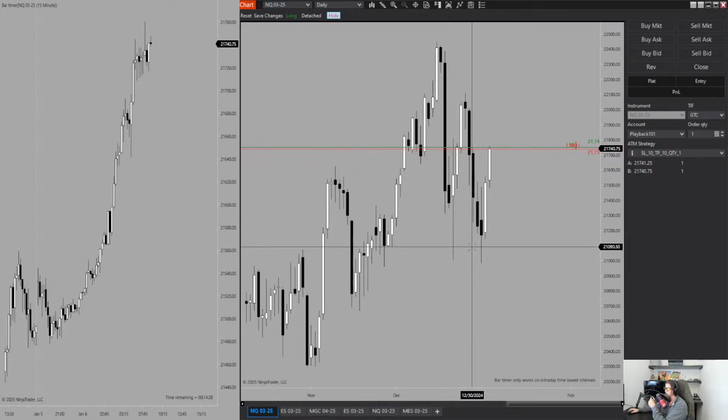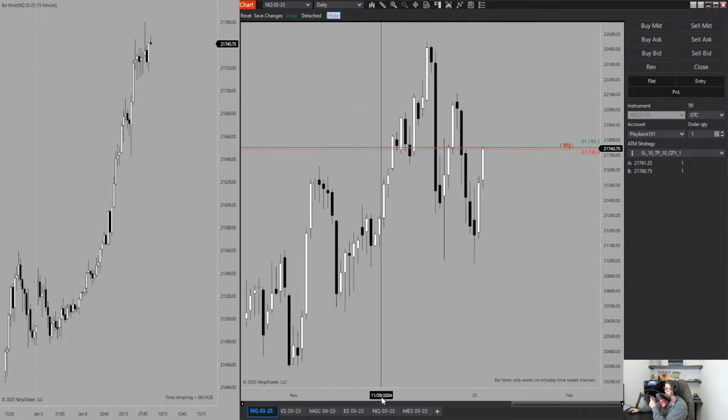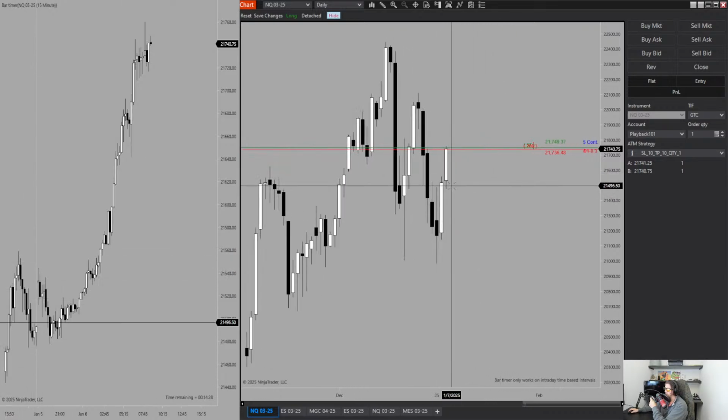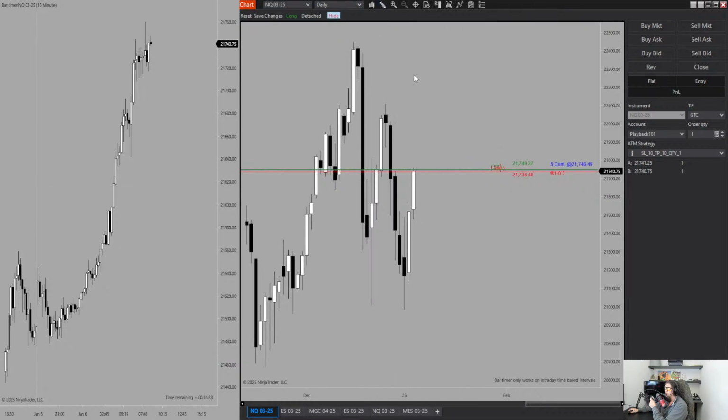Liquidity swept down here, and an uptrend, order flow shift here, king baggery. So we've got this is the daily demand right here.